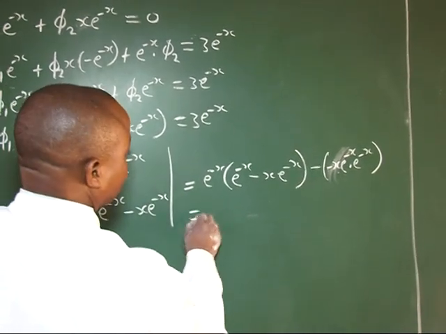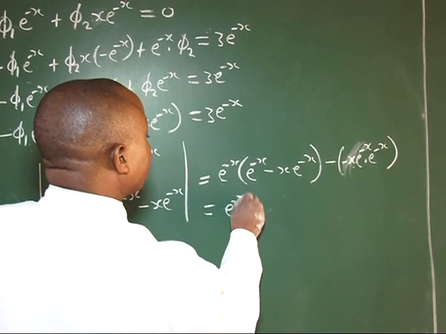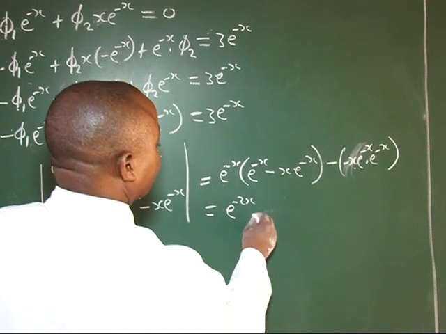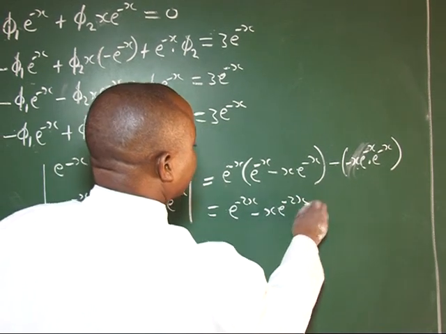That will give us, this times this will give us e^(-2x). This times this will give us minus x e^(-2x).